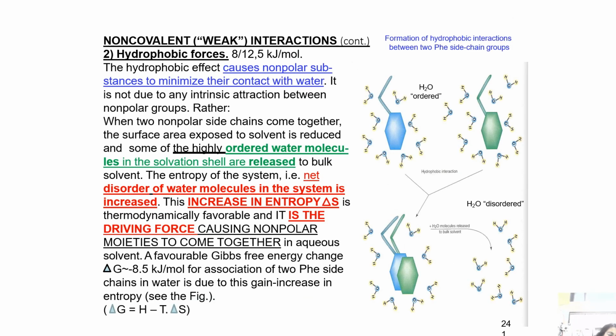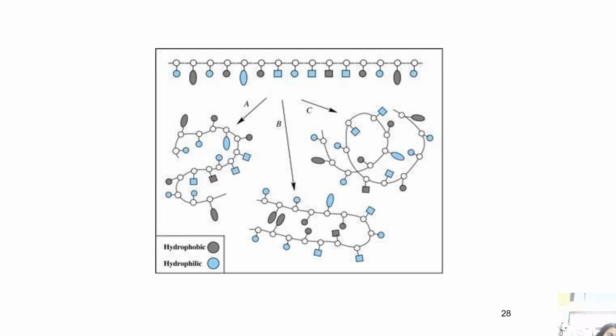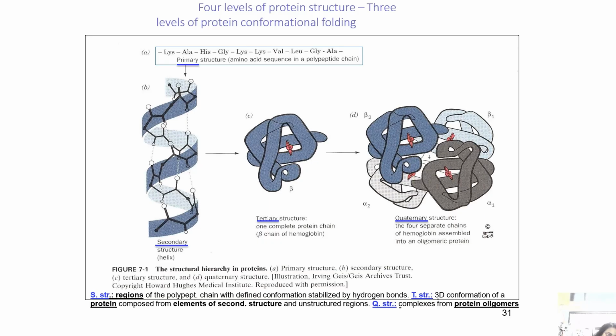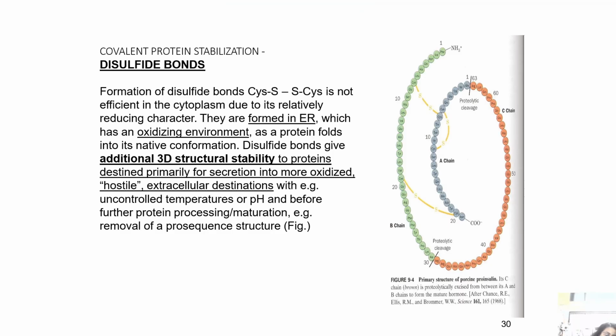We'll not go into too much detail of these, also hydrophobic interactions. So the formation of disulfide bonds is not efficient in the cytoplasm due to its relatively reducing character. So they are formed in the endoplasmic reticulum, or the ER, which is an oxidizing environment, as the protein folds into its native conformation.